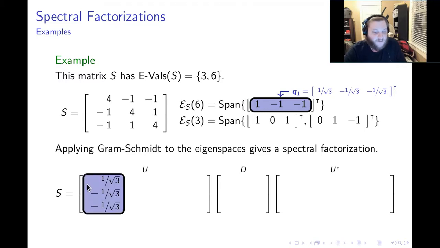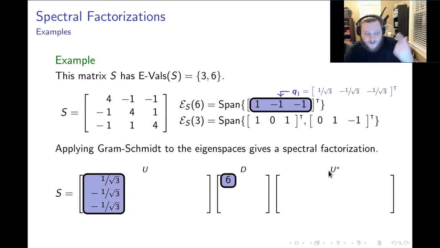I'm going to put that in as my first column of U. Now, that first column of U came from the eigenspace of S where lambda equaled 6. So the first diagonal entry I put in D should be 6. And now if you think about it, on the right here, the inverse of U is U conjugate transpose.